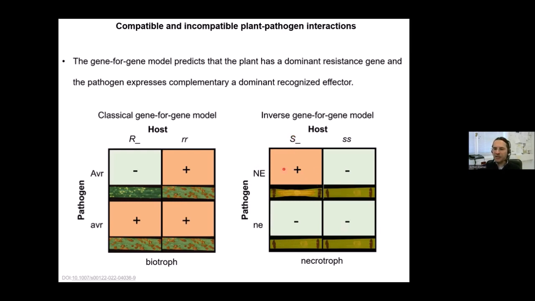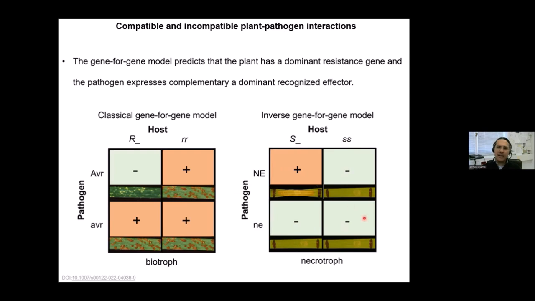Then you get infection, cell death happens, and the necrotrophic pathogen can spread. Whereas if the host susceptibility gene is missing, the effector cannot act, and so pathogenicity is low. And if the effector is missing, of course, then also pathogenicity is low. So this is just to give you some model.